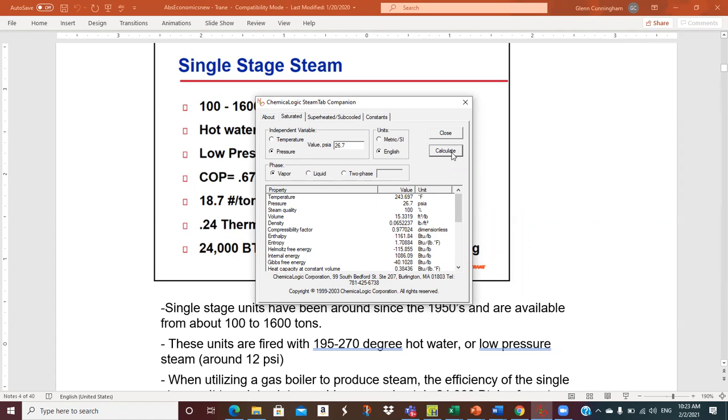I'm just going to see how much we get when we condense it, because we don't get all of that, since the liquid still has a fair amount. So when I look at liquid, it's 212.24. So we get about 949.6. So we get about 950 BTUs of energy out of each pound of steam that we condense. So we can remember that 950 here.